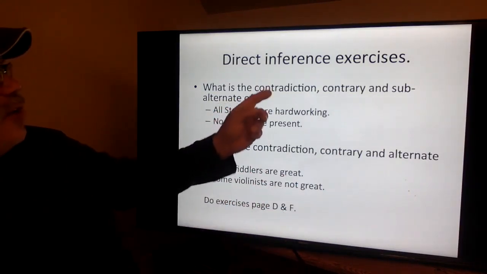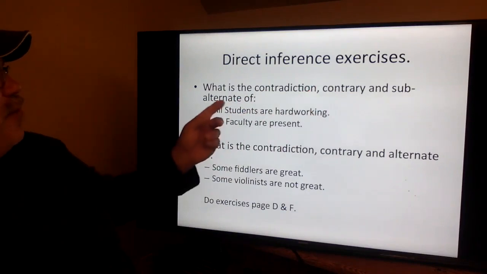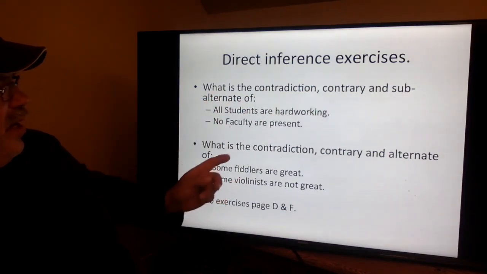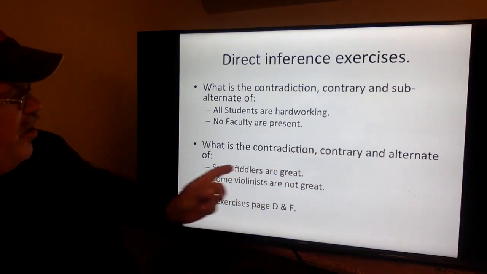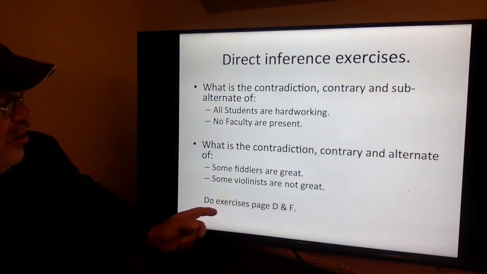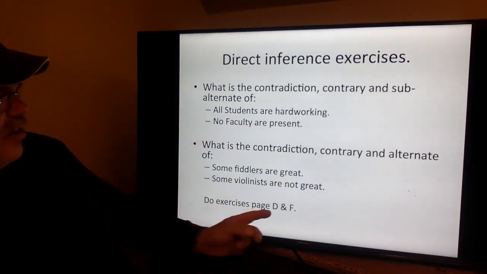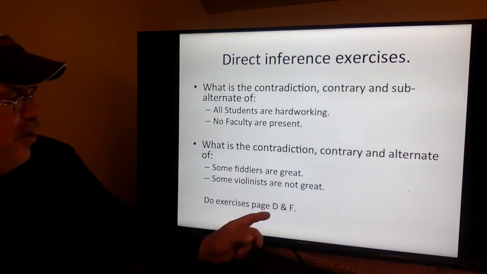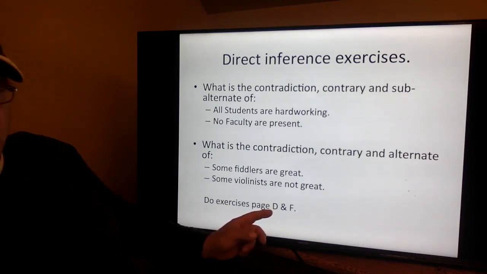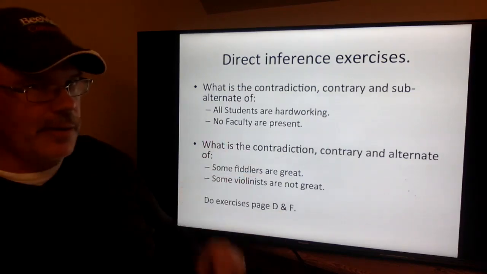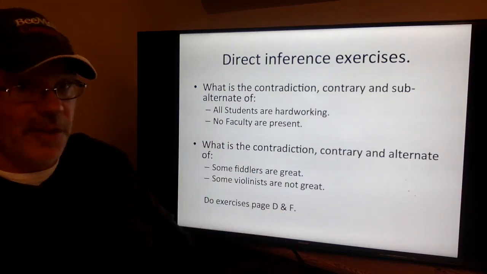Can we give the contradiction, the contrary, and the subalternate of these? And the contradiction, contrary, and alternate of these. You can do these plus any exercises in the chapter exercise sets for sections D and F. I'm sorry I don't know the page numbers. I still don't have a copy of the textbook.